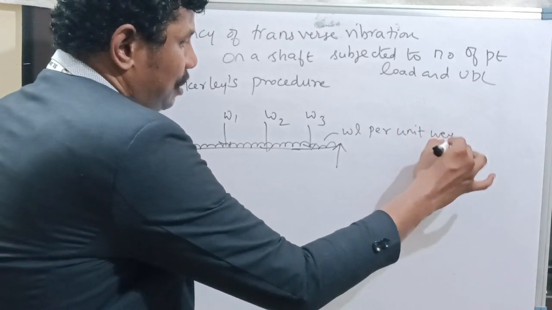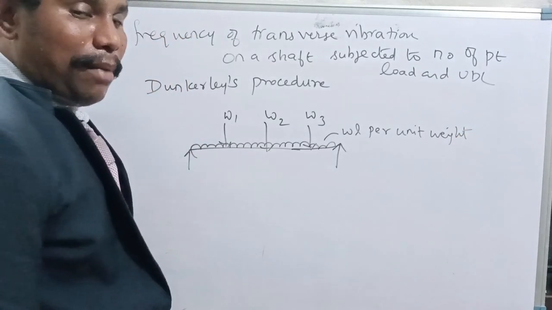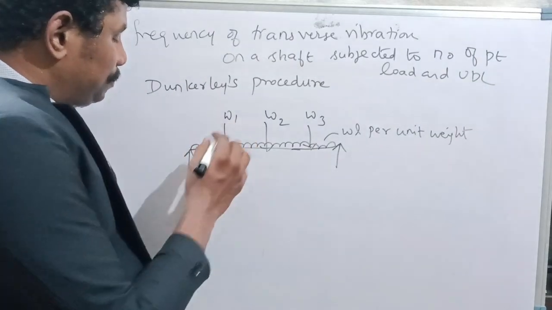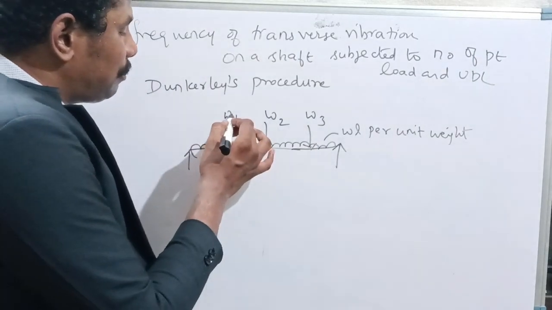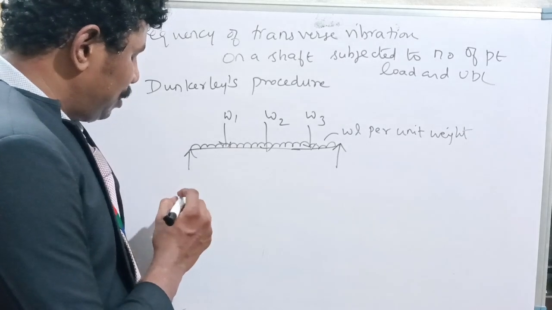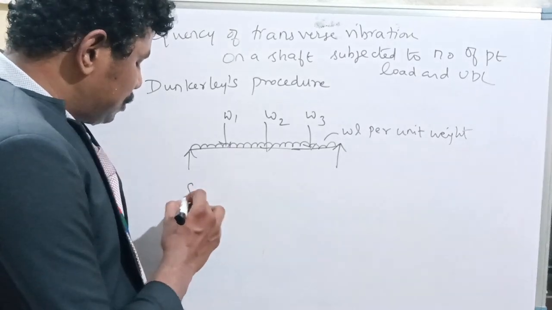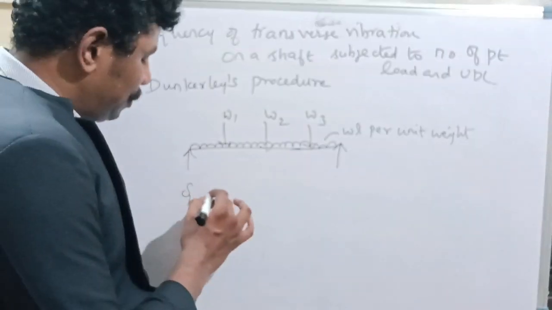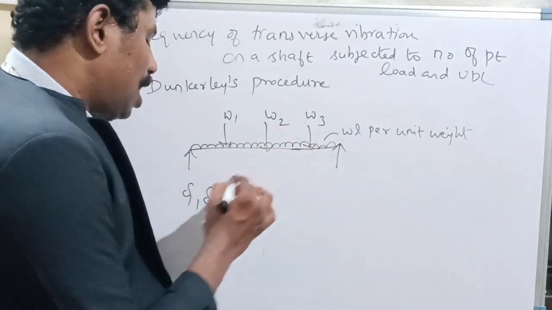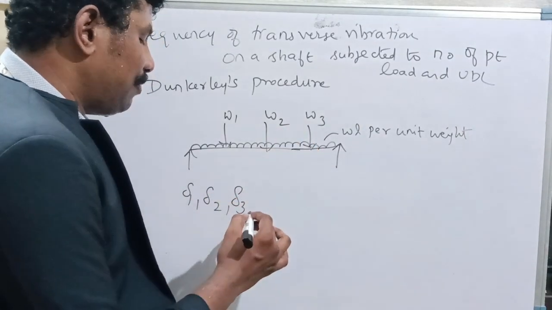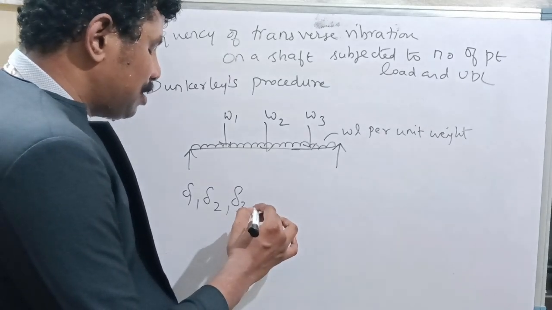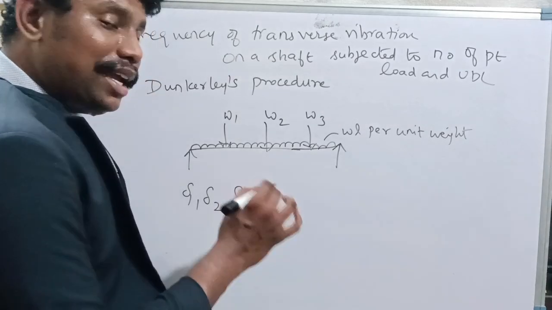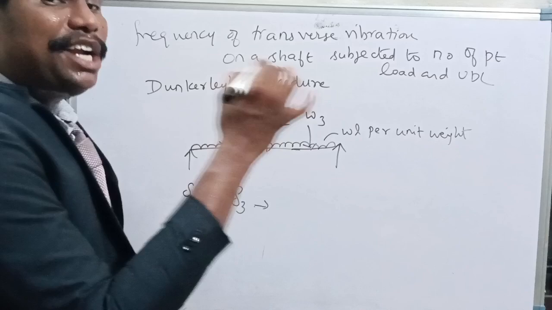So we are going to consider the mass of the shaft. In this case, because of W1, the deflection that is created is delta 1, and for the load W2 the static deflection is delta 2, and for load W3 the static deflection is delta 3, and it continues. So this is by considering the weights individually.